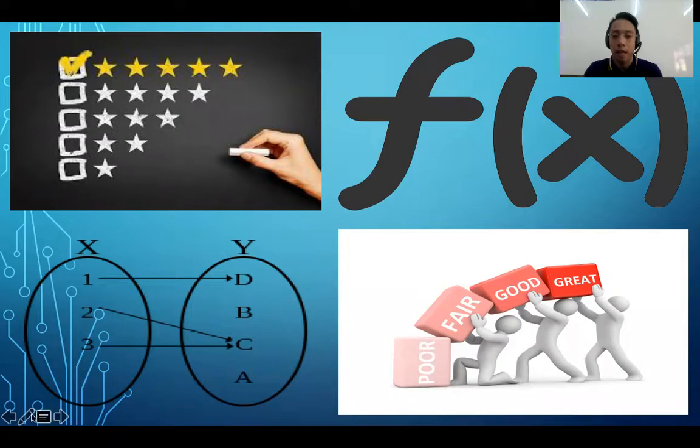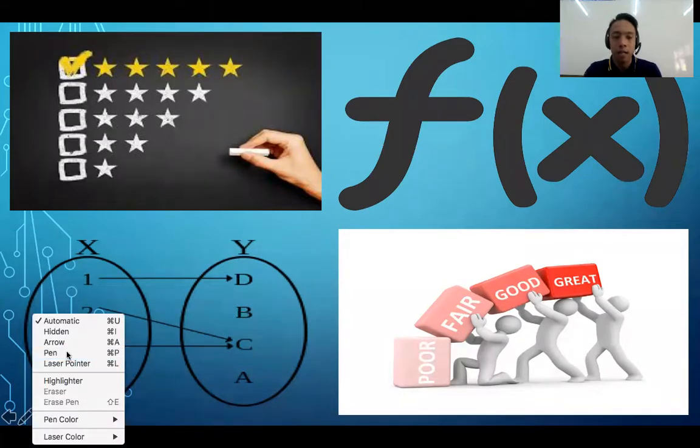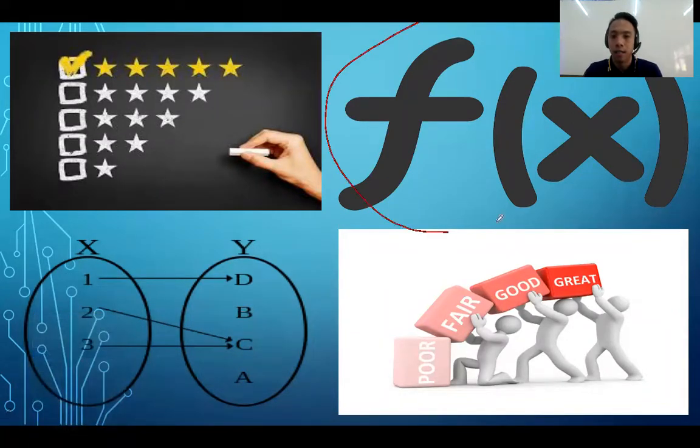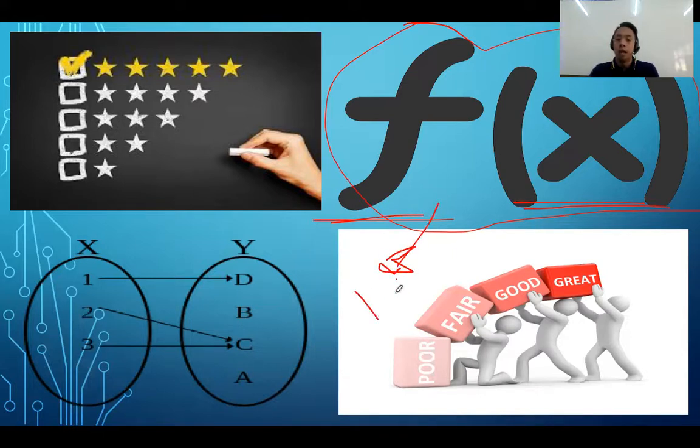We have the letter F and the X. That means we have the function of X. What is the meaning of function of X again? This is the same as the value of y.